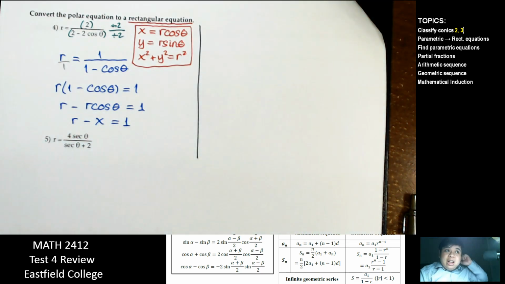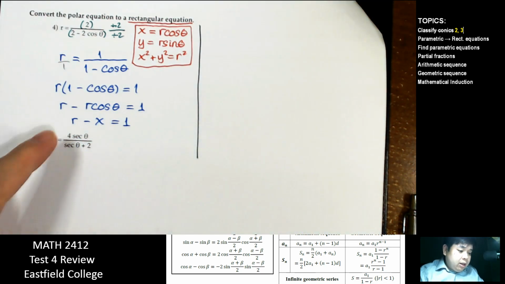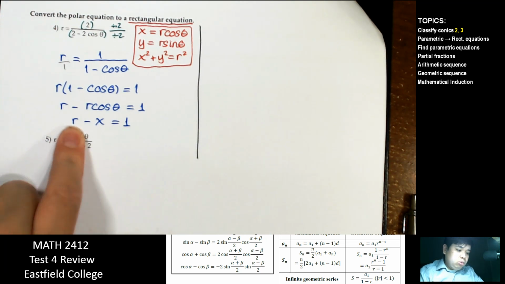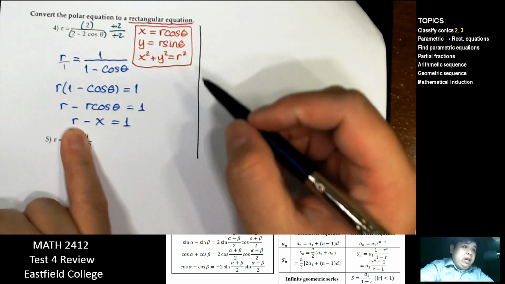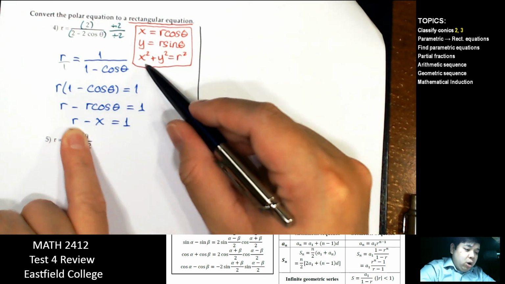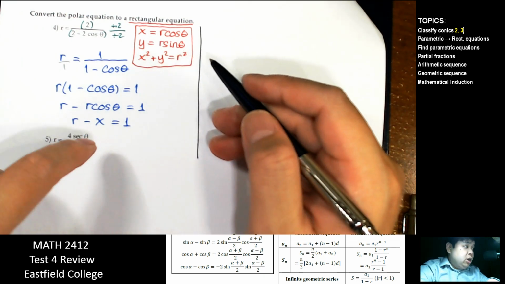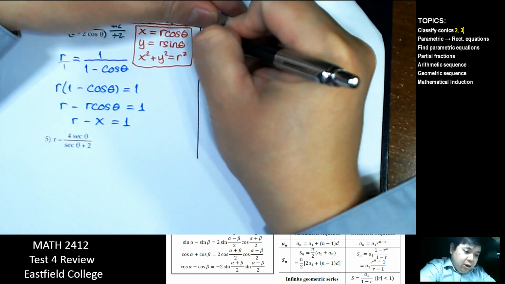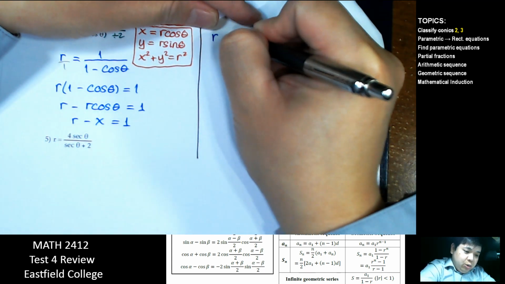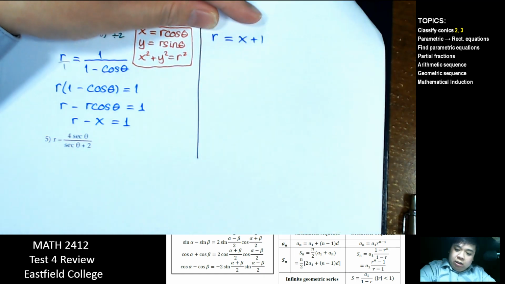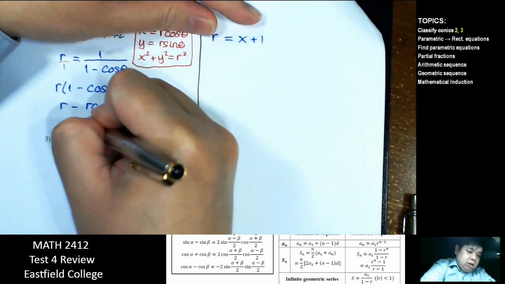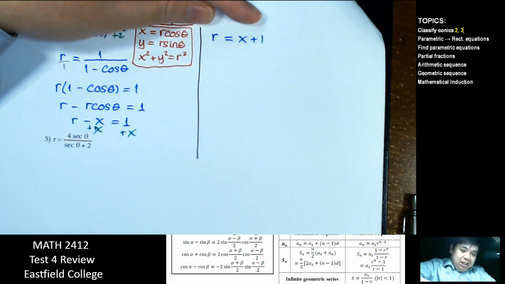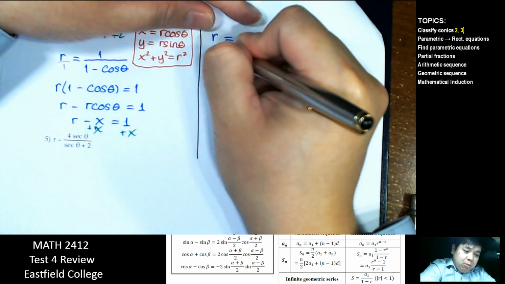Right. Now next is a tricky part. We're going to somehow turn the r into x and y. The only thing we can do is r squared is equal to x squared plus y squared. So we're going to add x on this side. So we have r equal to x plus 1. I mean add x on both sides. Sorry. And after that, I can square both sides.